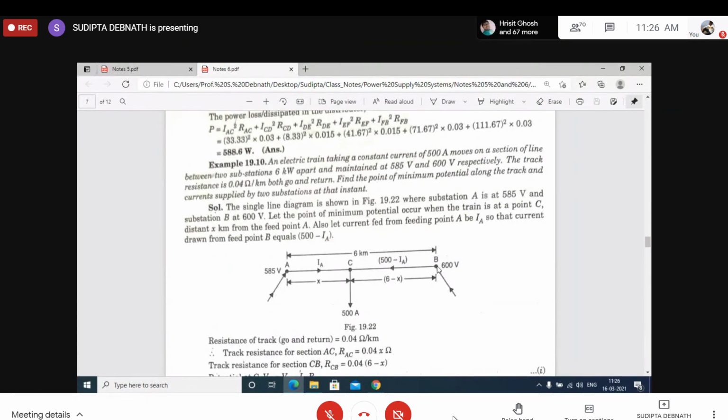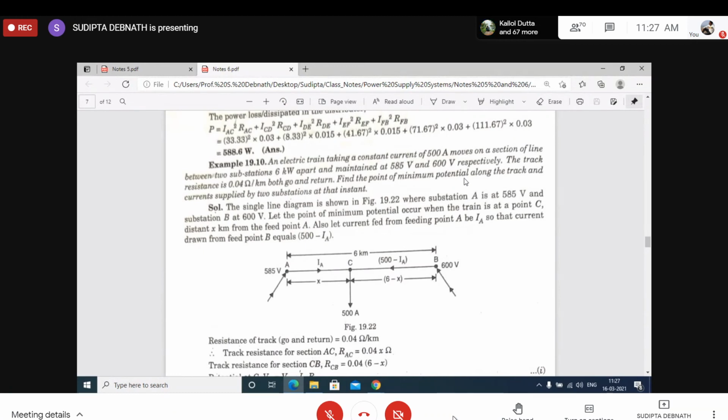At this feeding point B, it will be 600. Okay. The track resistance is 0.04 ohm per kilometer, both go and return. So it is the resistance considering both the wires. Only thing you have to do, you can convert in per meter, or if all the distances are given in kilometer, you keep it like this, no problem.